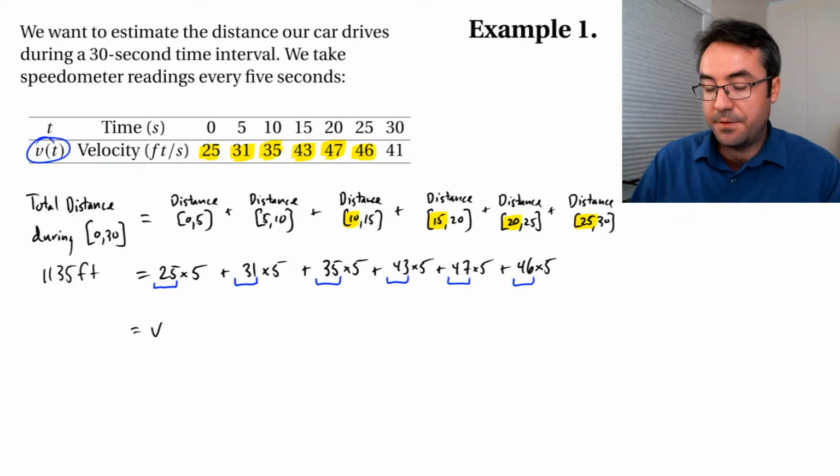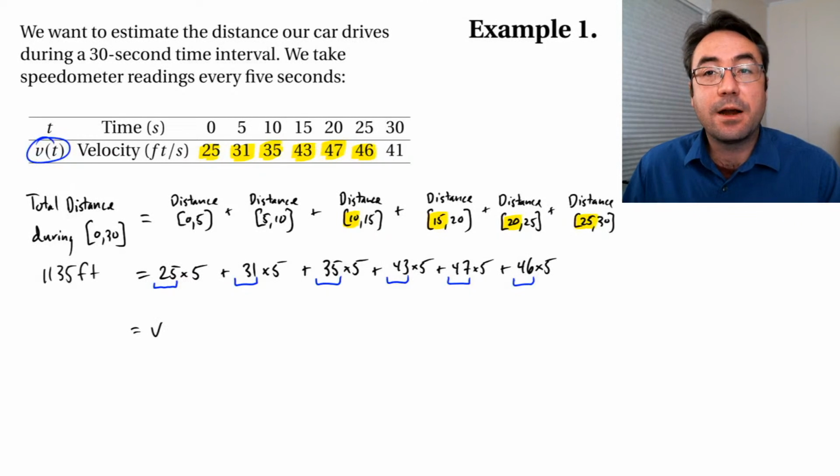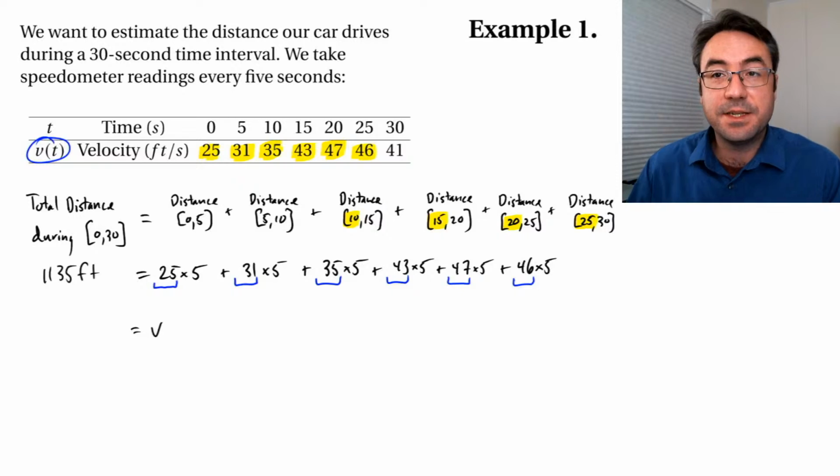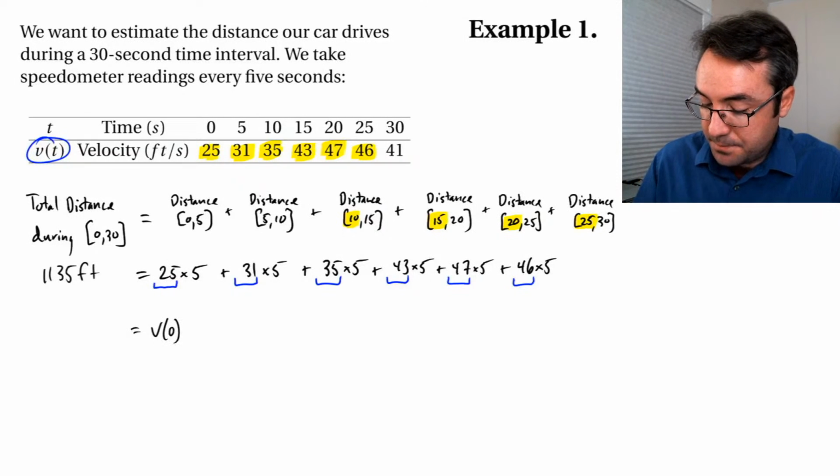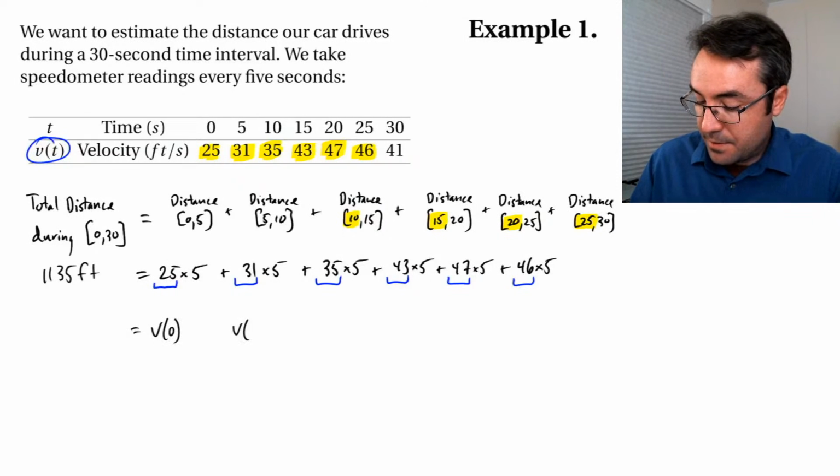And so that 25 was really our velocity at time 0. Same for the rest of these.